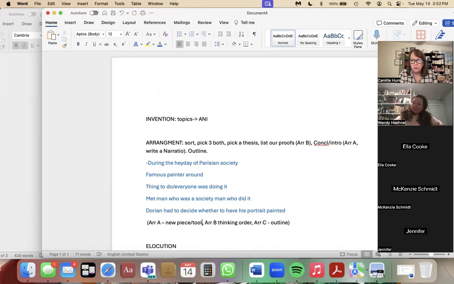And so we start with the proofs in arrangement B, and then we say, okay, how can I conclude this? Well, I need to restate the thesis and the main reasons, and I need to add an amplification. And then we say, okay, now that I know all this stuff is going to be in my essay, I can write an introduction for it. So now, what's the background story? What kind of exordium can I use? Because you can't think of that stuff until you have everything else figured out.